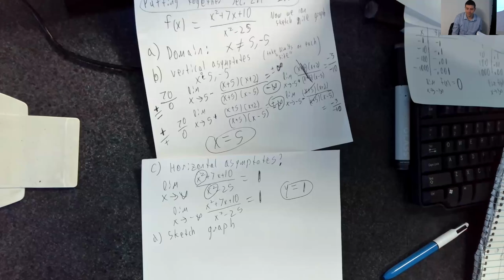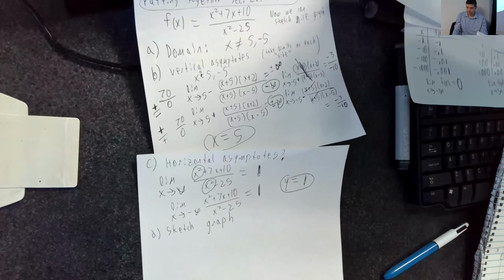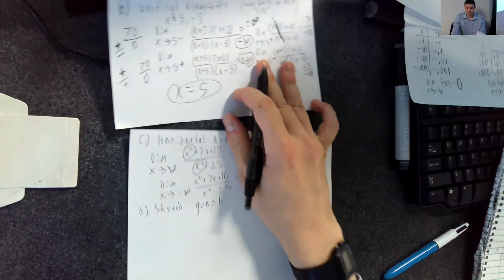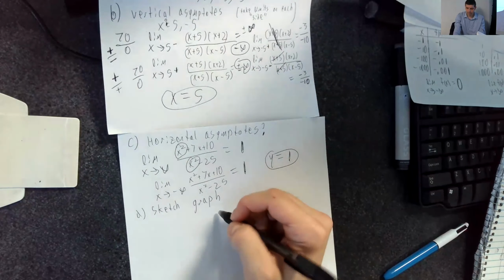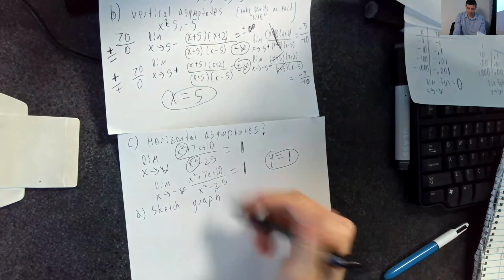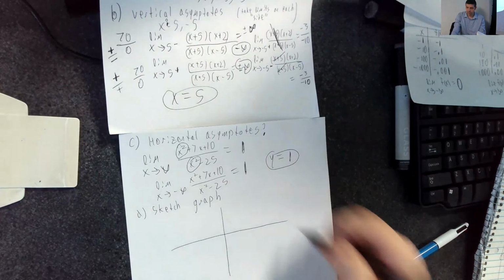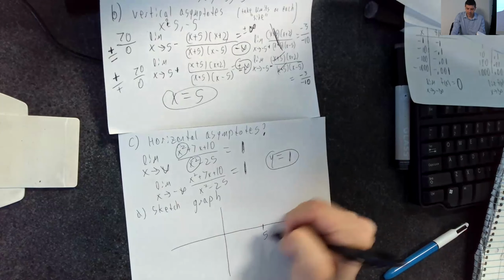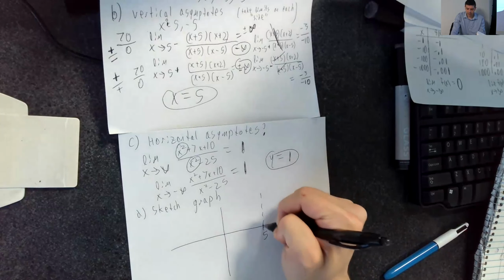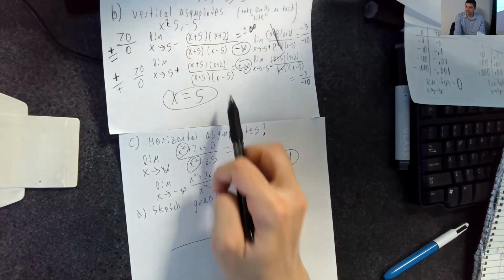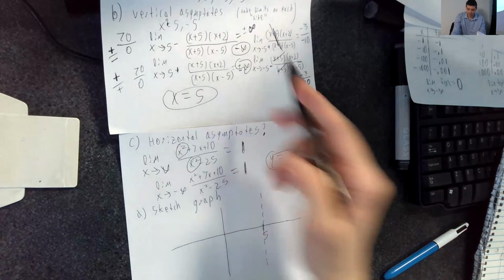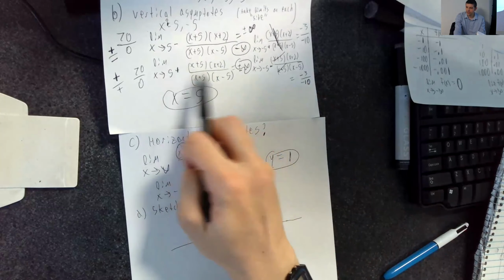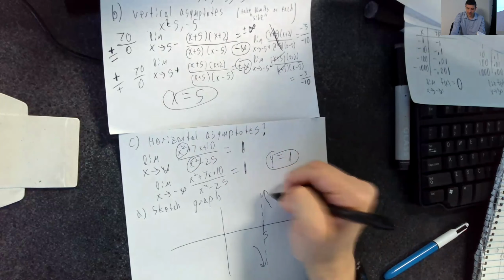Vertical, 5. Here's 5 was vertical, 5 from the left going towards negative infinity, 5 from the right going towards positive infinity.